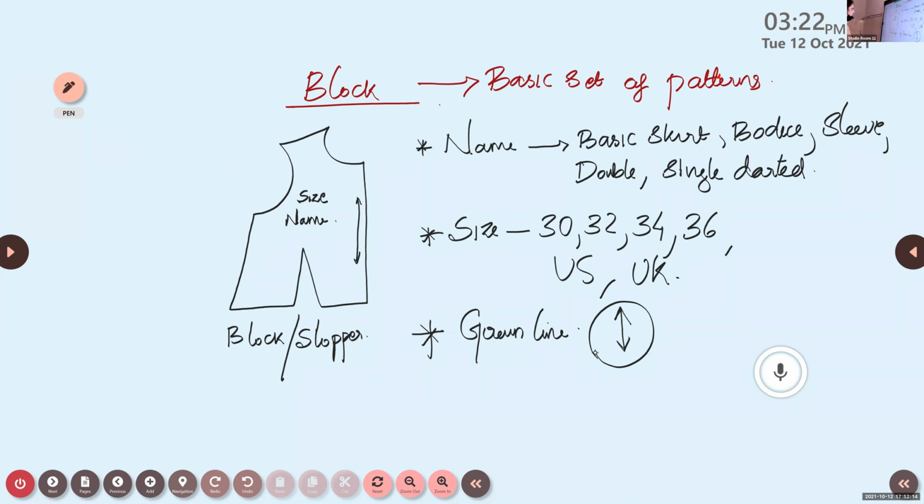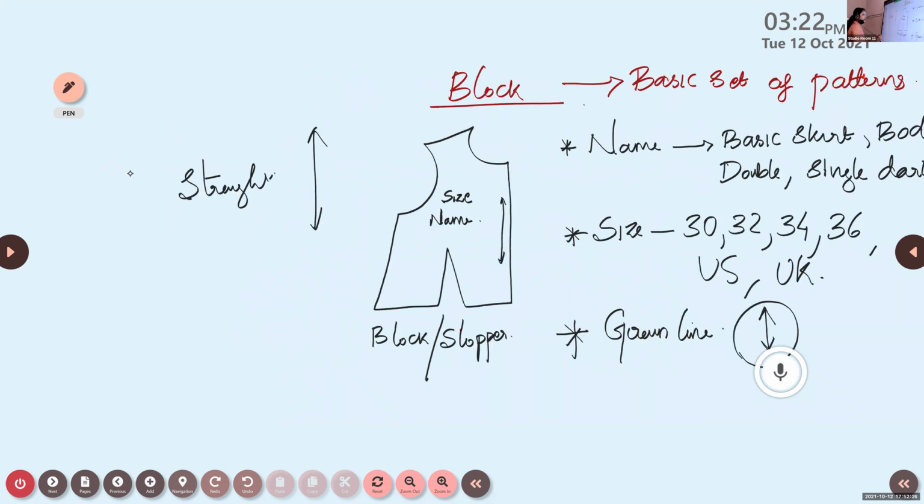If the symbol is straight, then it means the grain line is straight, and you're supposed to keep it straight. If the symbol comes slanted like this, then you're supposed to cut it on the bias or diagonal.